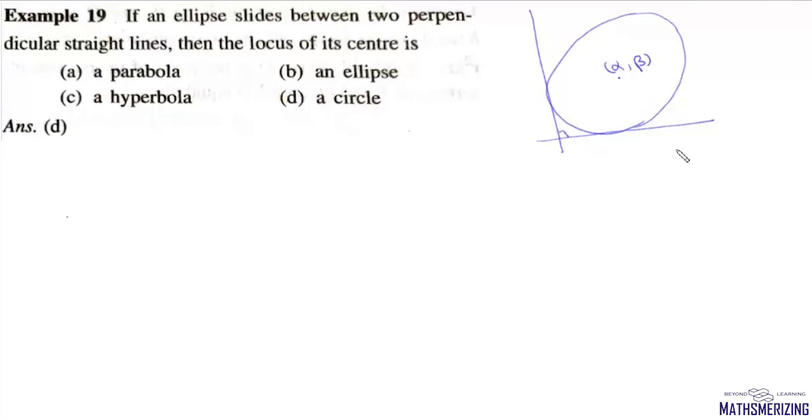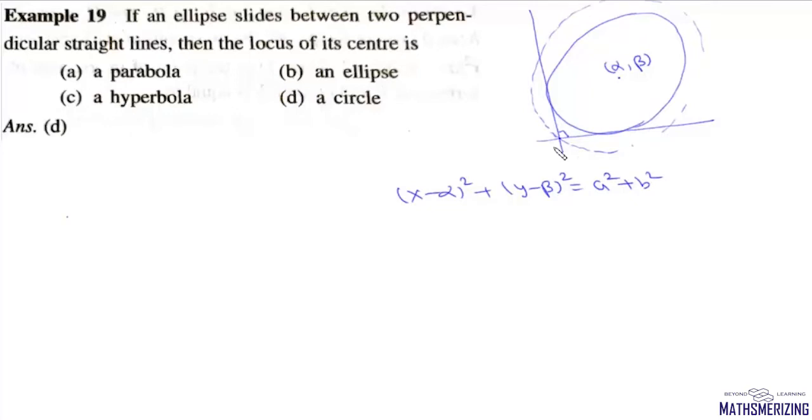Now since these 2 lines are perpendicular tangents, their point of intersection lies on the director circle of this ellipse. So the equation of the director circle of this ellipse is (x minus alpha) square plus (y minus beta) square equals a square plus b square.